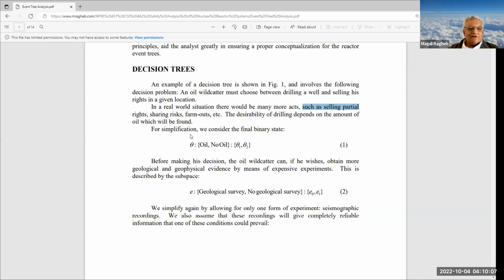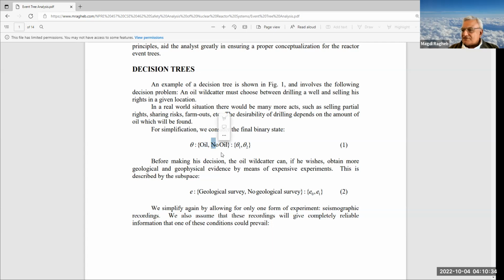So in that case, let us consider a final binary state that can happen for an oil wildcatter. Binary comes from Latin bis, like bicycle, biscuit. Binary means it has two possible outcomes, and the possible outcomes are either that he finds oil or he finds no oil.